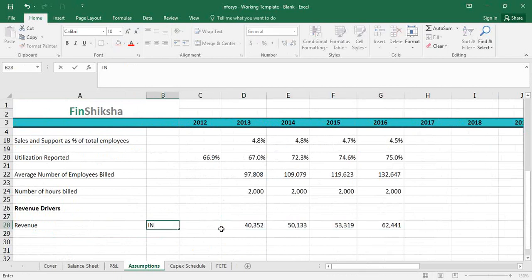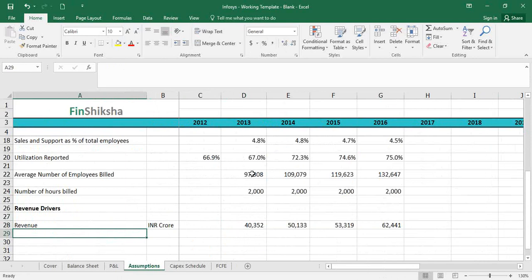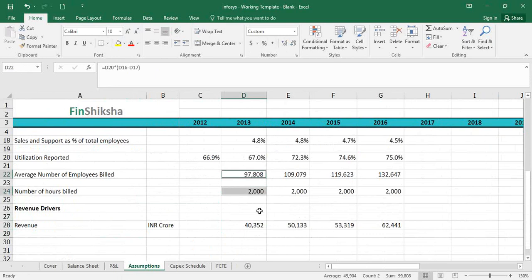This is in INR crore, right? Can I find out what is the average billing rate? This multiplied by this multiplied by the average billing rate should give me the 40,000 crore number. In other words, if I divide 40,000 crore by the number of employees billed, I should get this data, right?